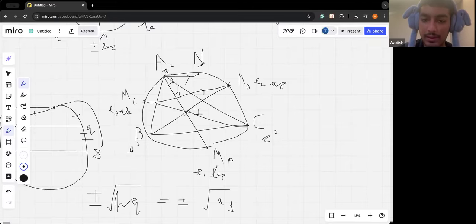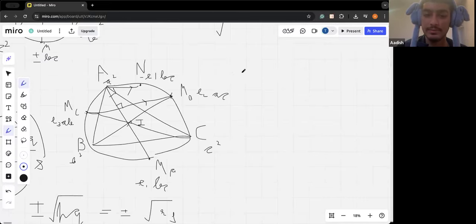N will be the negative of this, minus E1 times BC. Since AN is parallel to MCMB, we get E3 AB times E2 AC equals A squared times minus E1 BC. That becomes minus E1 A squared BC equals E2 E3 A squared BC.